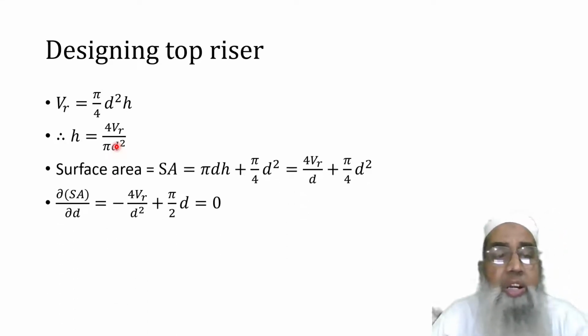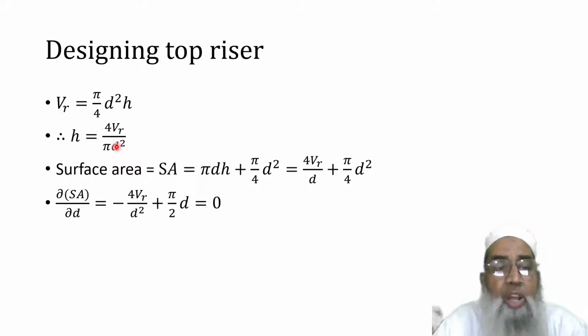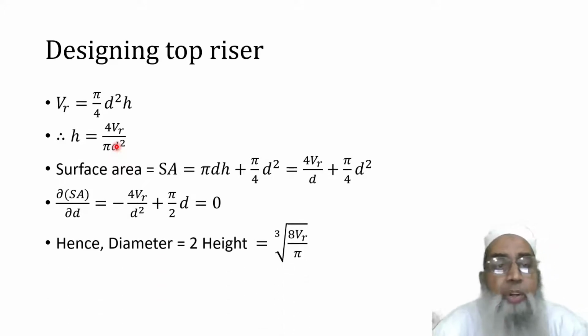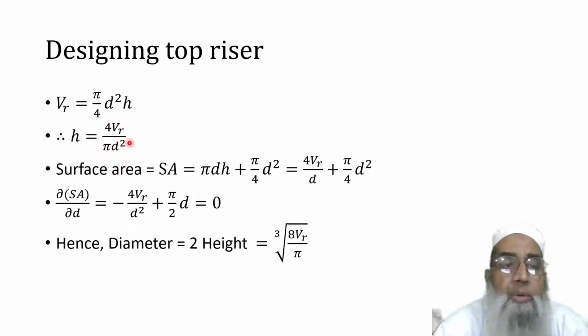To have the efficient riser, we differentiate the surface area with respect to diameter and equate it to 0, we can find out the value of D, and this can be put into the equation, and we will see that the diameter is equal to twice the height, and therefore this particular equation.